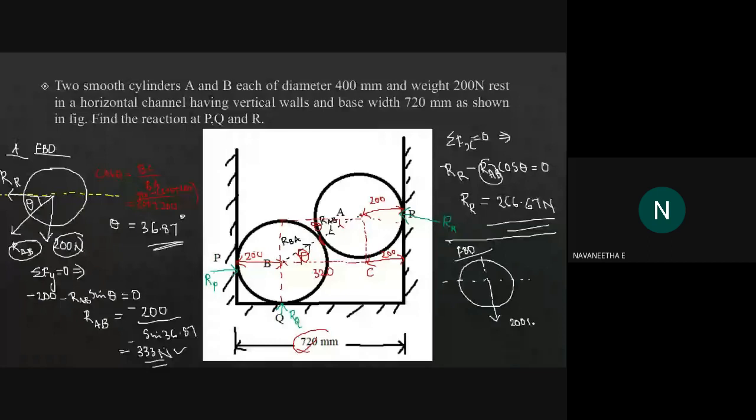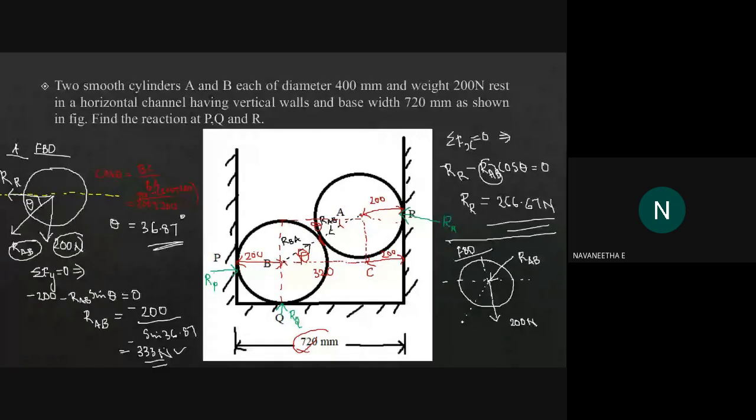Okay. And also there will be a reactional force on B applied by the cylinder A. Reaction between A and B, that is RAB. You'll need to consider RAB. So RAB is acting like this. That is the reaction force acting by A on the cylinder B. Okay, so you can also draw the figure like this.